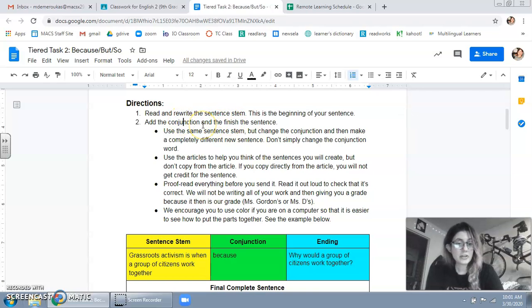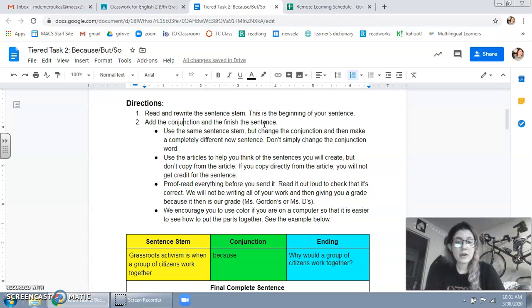You're going to use the conjunction that we tell you to use, and then based on that conjunction, you will complete the sentence. And remember, the conjunctions sort of signal different ideas, right? If you use the word because, it means you have a reason.